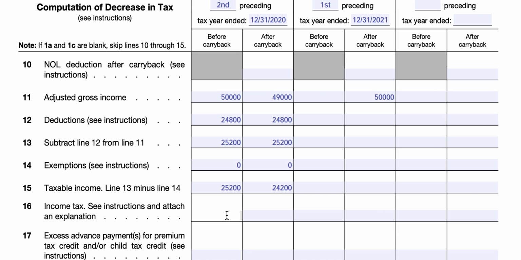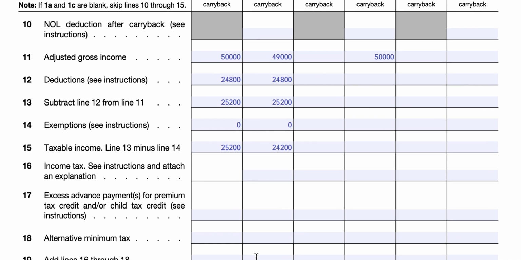If that's the method that you used, you don't need to attach any more detail. You can simply explain the method that you use to calculate the tax. In line 17, excess advance payments for premium tax credit or child tax credit. If this applies to you, you should use the Form 8962 for the premium tax credit and the instructions to refigure the amount of your premium tax credit or advance payment of that premium tax credit, as well as any excess premium tax credit.